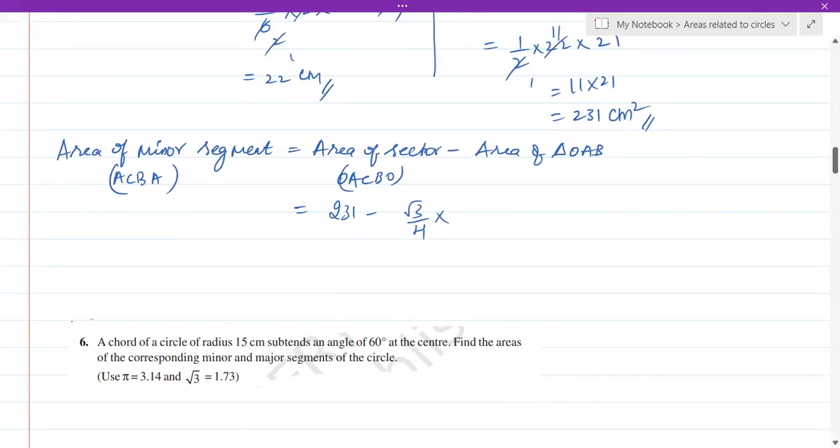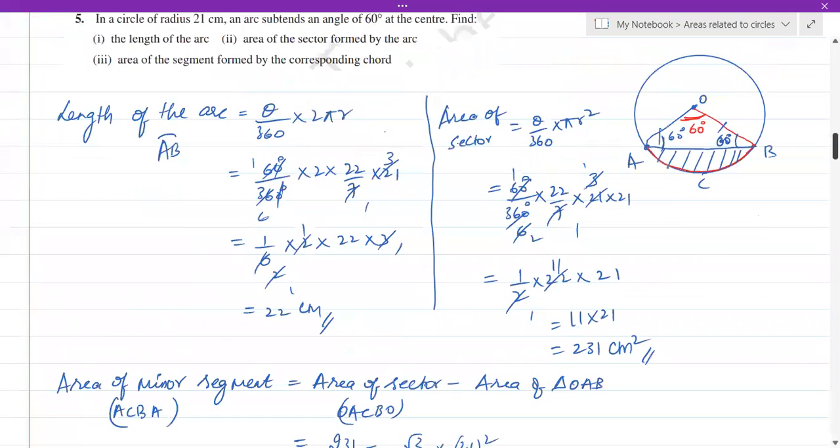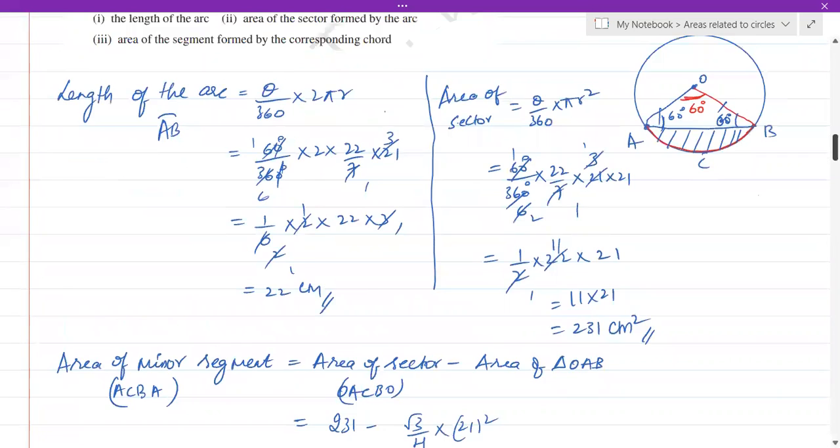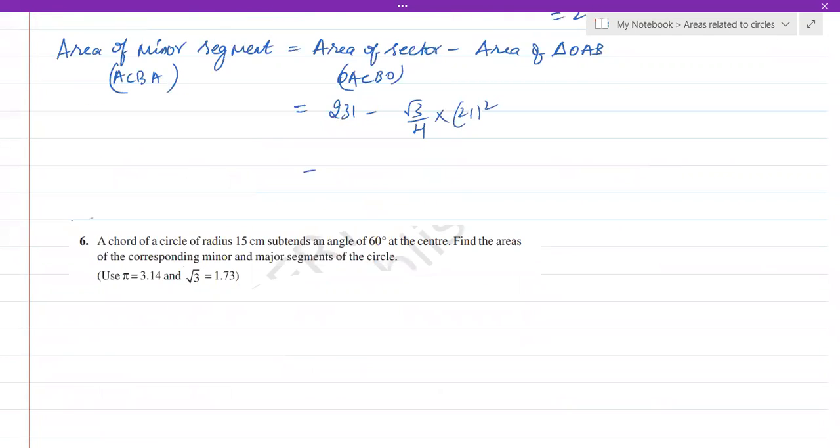So radius is how much? 21. So 21 square. It is 21, right? Yes, the radius is 21. Okay, so 231 minus root 3 by 4 into 441. Here 21 square is 441.